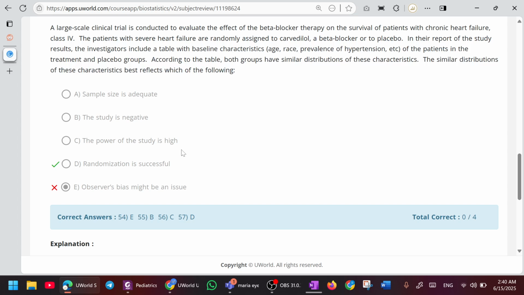The value in the intention to treat approach is that it preserves the benefits of randomization and prevents bias due to selective noncompliance. Investigators may alternatively use the as treated rule, which is the opposite of intention to treat. For example, if a patient switches therapy, they are counted as a member of the new group during analysis.